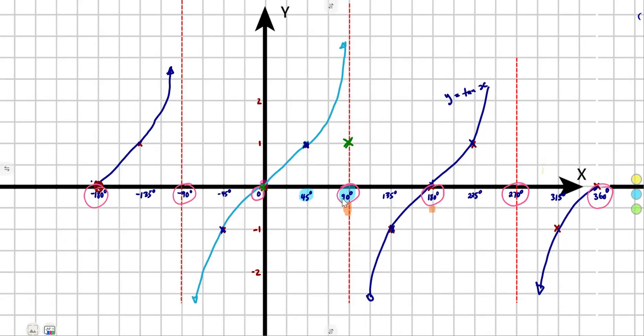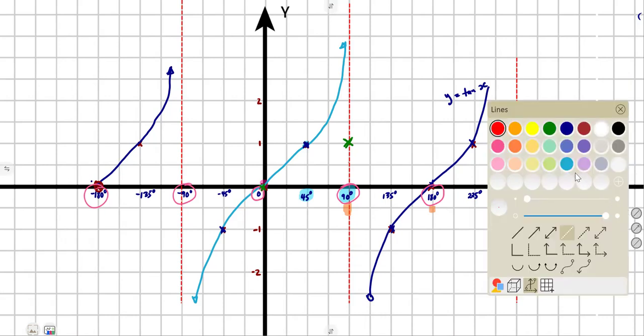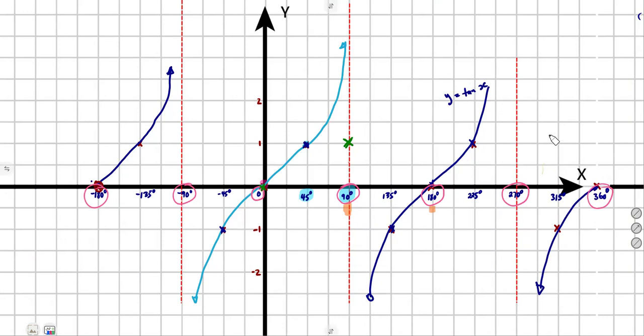So what was happening at 90 is the one that is happening at what? At 180 this time. Meaning to say our asymptote for the new graph is going to be at what? 180. Remember, at 90 it was an asymptote. So for this one, it will be having an asymptote at 180 degrees.